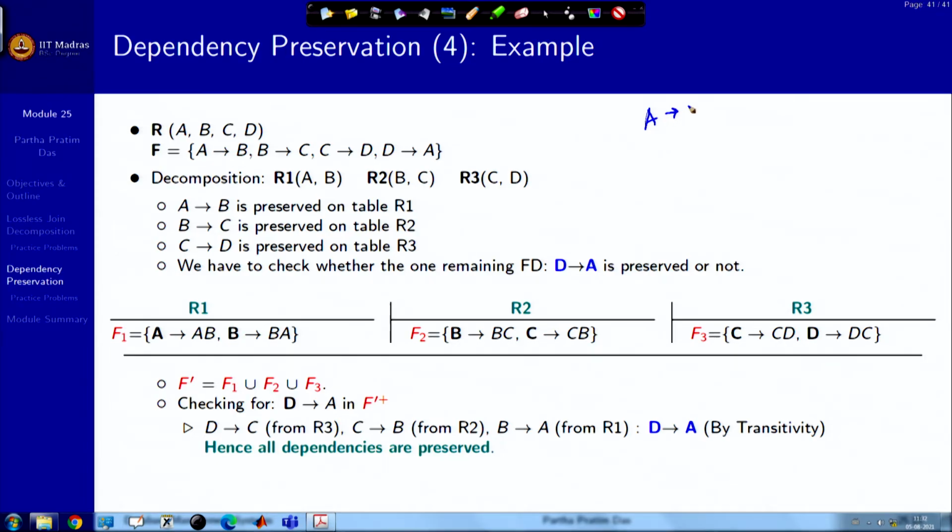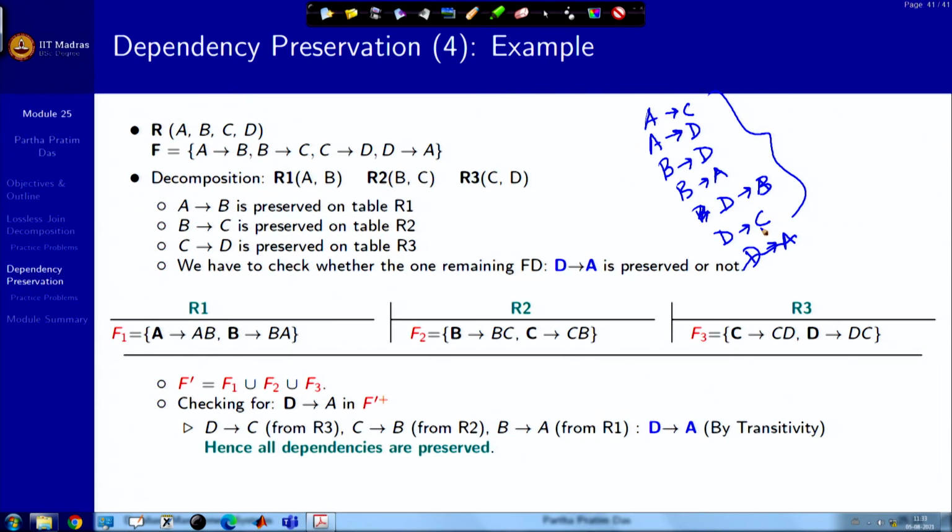I get A determines C, I get A determines D, I get B determines D, I get B determines A, I get D determines A, B, because D determines A determines B, D determines C. So, if you see, actually here everybody determines everyone else.